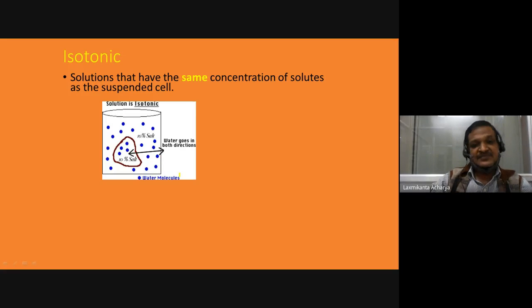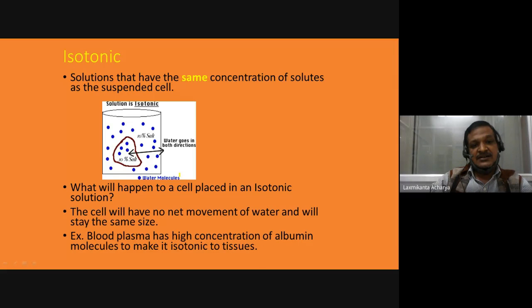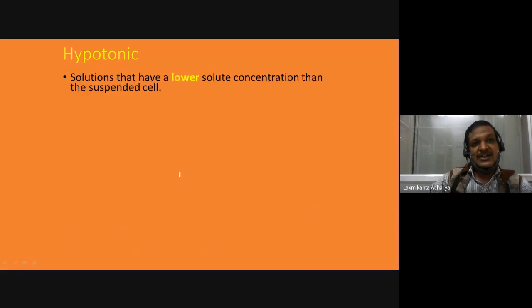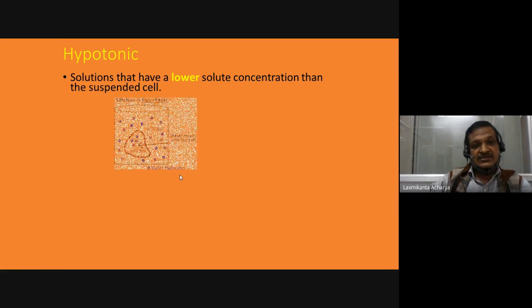So there is no net movement, and no net change in the shape of this cell. Now coming to a hypotonic solution, when the concentration inside this cell is 20% and outside it is 10%, the concentration inside the cell is more than that of the outside.